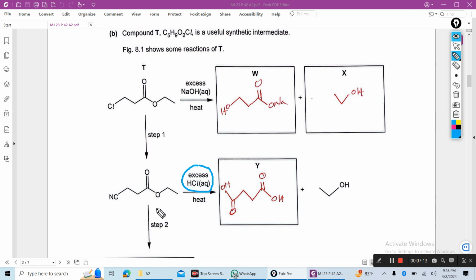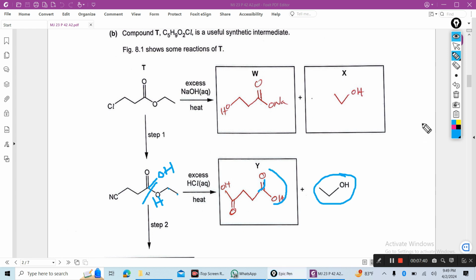Hydrolysis of the ester gives the alcohol, breakdown gives CH3CH2OH, the alcohol from ethanol. Then carboxylic acid, so OH is added to form the carboxylic acid, carbon-oxygen double bond, also OH.